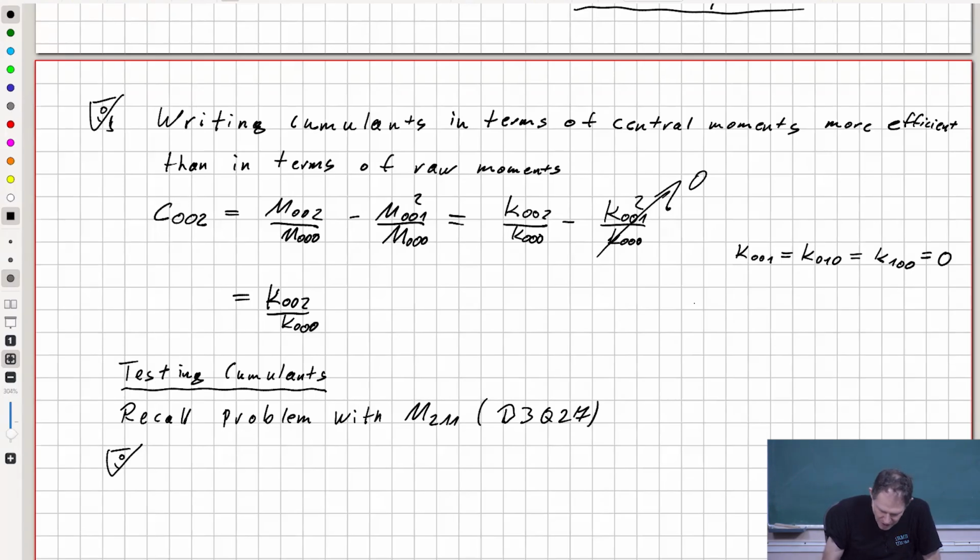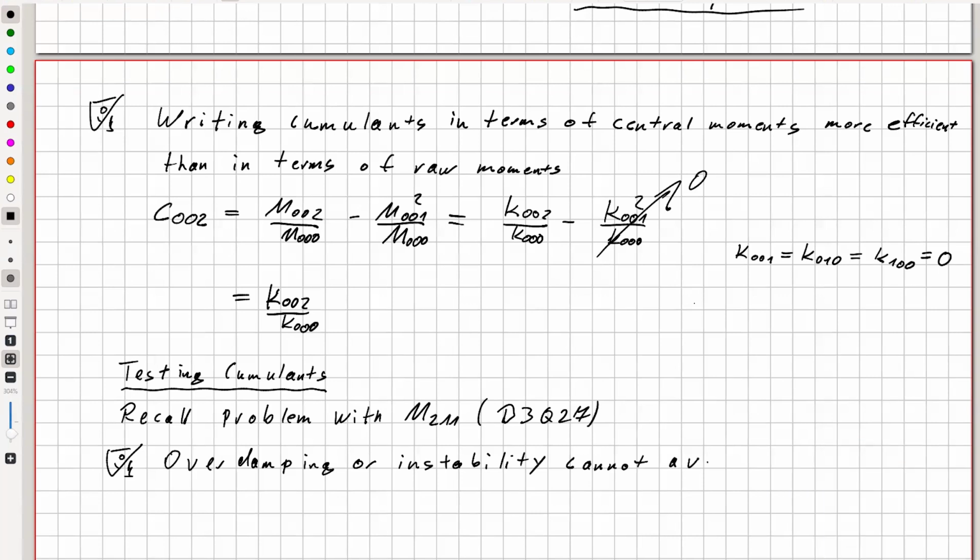So we have seen, or actually I told you without really showing you, that we either get an overdamping or instability. So somehow wrong behavior in this method, or this cannot be avoided unless the moment is changed.